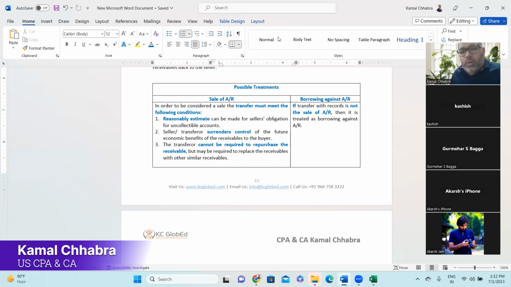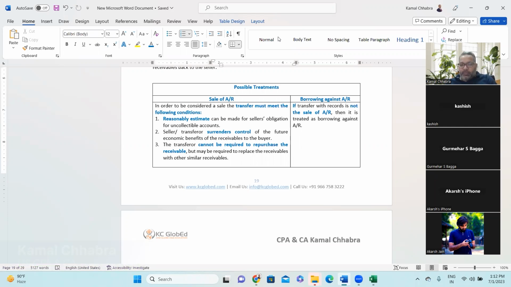Second, the seller or transferor surrenders control of the future economic benefit of the receivable to the buyer. That means Kashish will surrender control of the future economic benefit. In future, Kashish will not go back to the customer and ask for the money, because that right he has already transferred to SL to do the recovery.